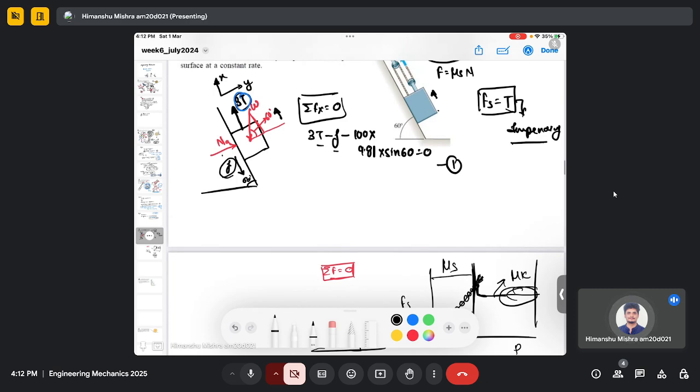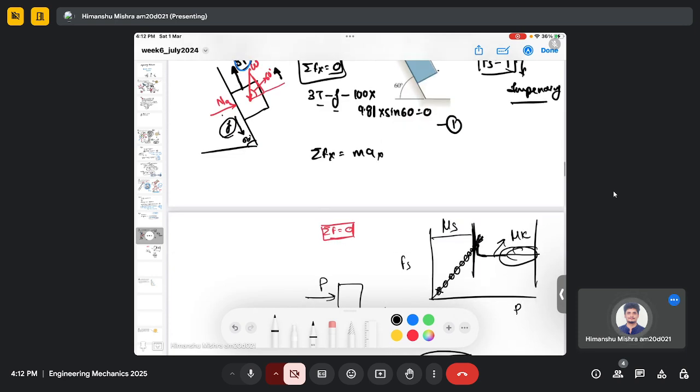We don't want to mess up the idea of equilibrium, because if it has acceleration, then the summation of forces will be equal to ma, not equal to zero. So in this problem also we will be at this point.